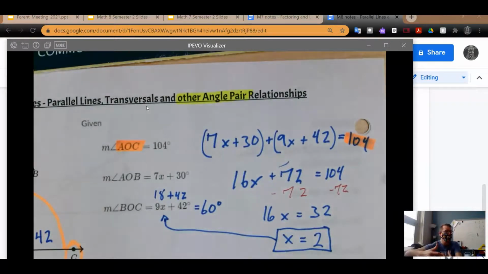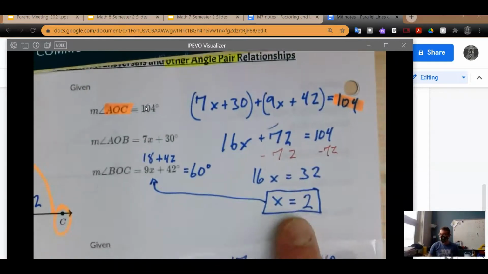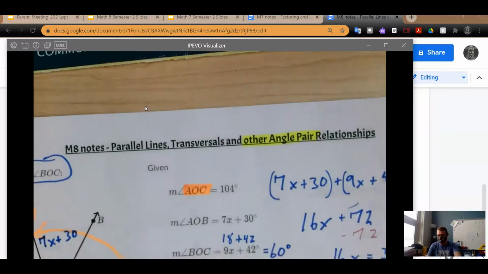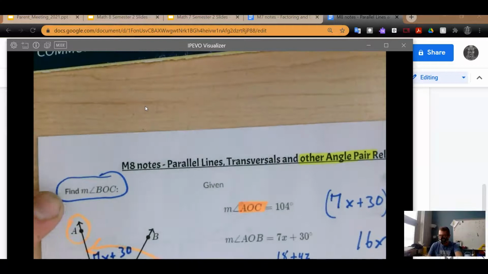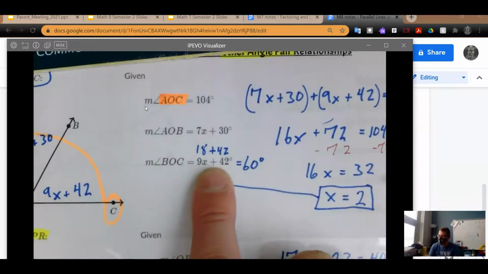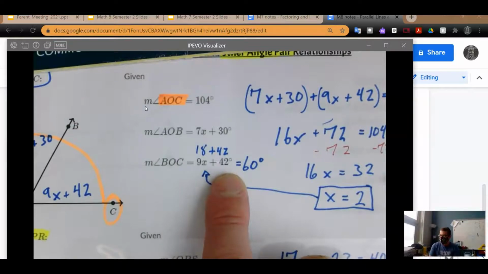That's the variable, and you were supposed to solve the angle. And it won't be quick enough. You'll get it wrong, and then you'll be like, come on. X equals 2 is not our answer. We must plug that in to find what they asked us for, which is actually BOC. When we plug that in, we get 60.